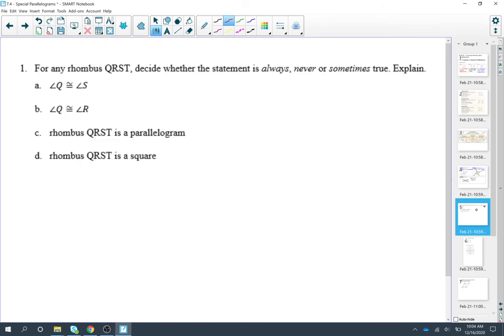Example 1. For any rhombus QRST, decide whether the statement is always, never, or sometimes true. Explain. First of all, QRST, I'm going to draw, and it specifically says rhombus. So it's a parallelogram with 4 congruent sides. So remember, that's like a square that got hit by a bus.